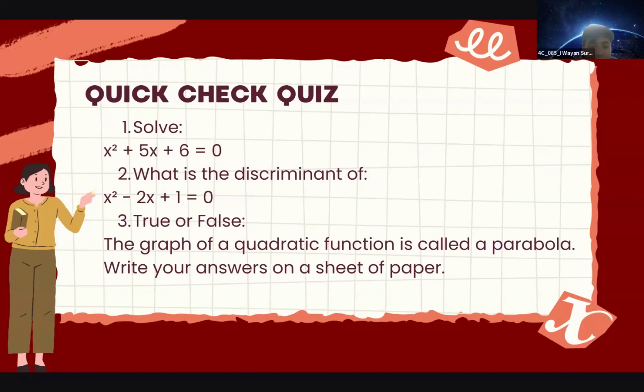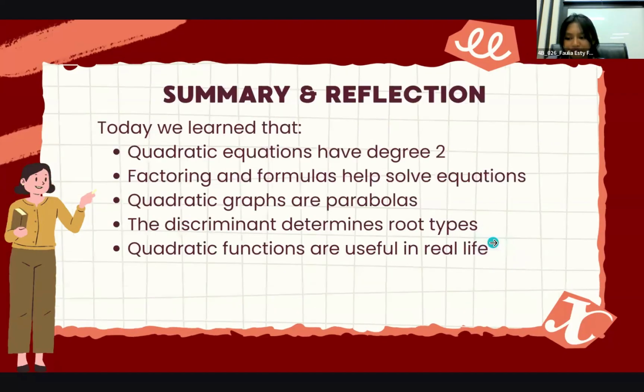B squared minus 4ac equal 0. Yes, that's right. Question number 3 is true or false: the graph of a quadratic function is called a parabola. True, Miss. Okay, excellent.